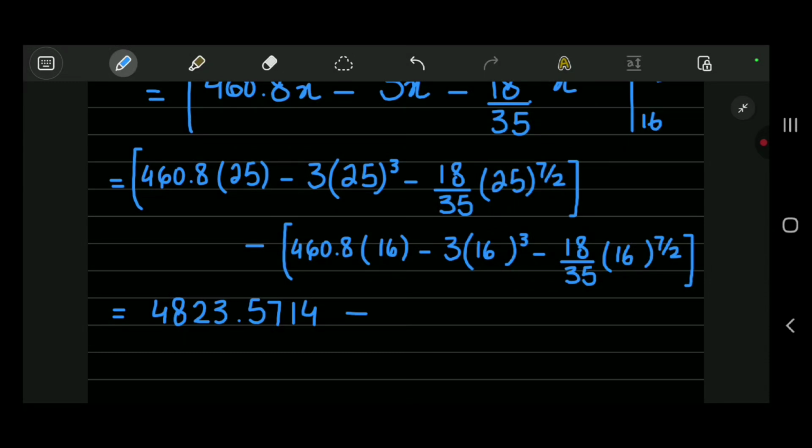Solving the second would give you 3510.8571. Subtracting them will give you 1312.7143.